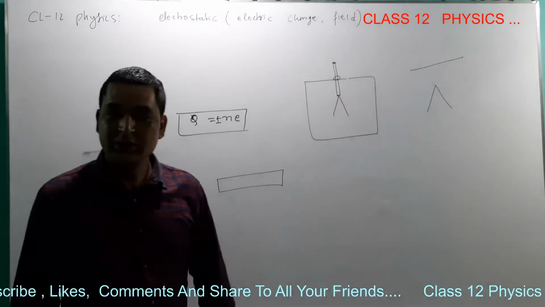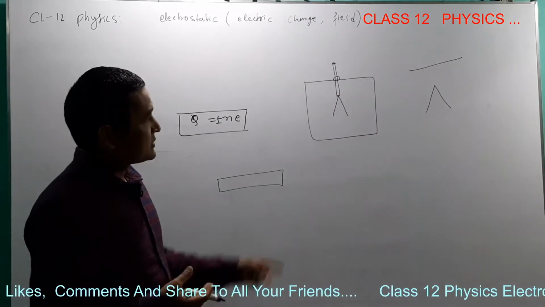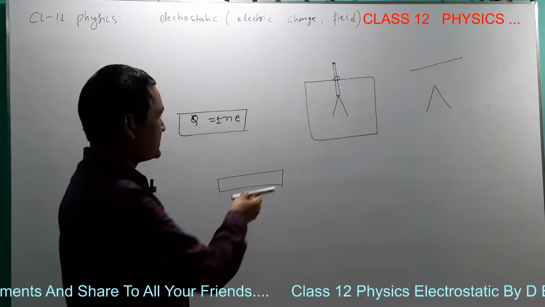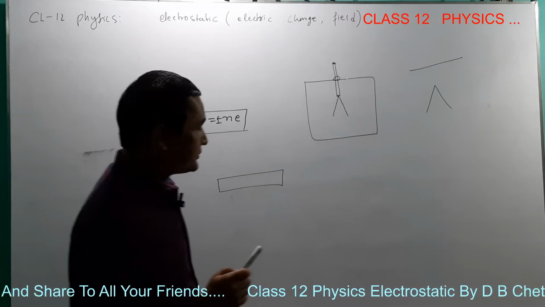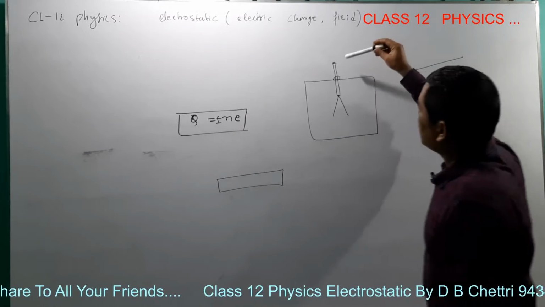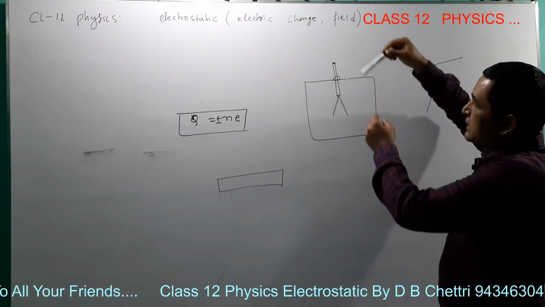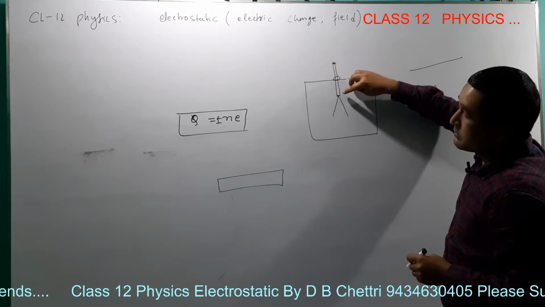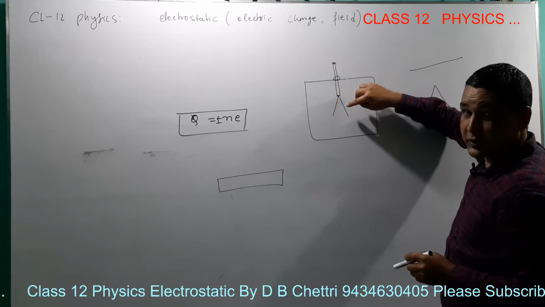We don't know whether this body is charged or not. The function of the gold leaf electroscope is to bring this body and touch the metal knob. If it is charged, then the charge of the body flows through the metal rod to the gold leaf.